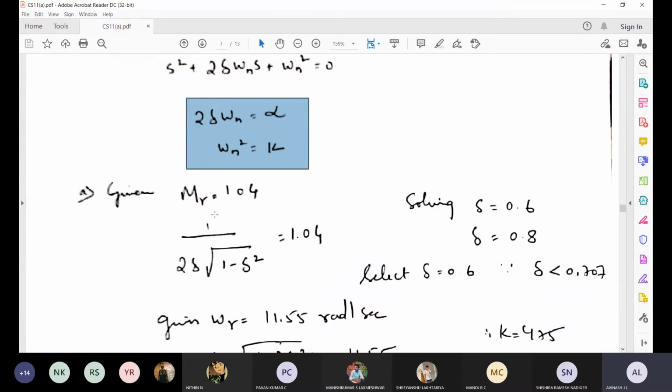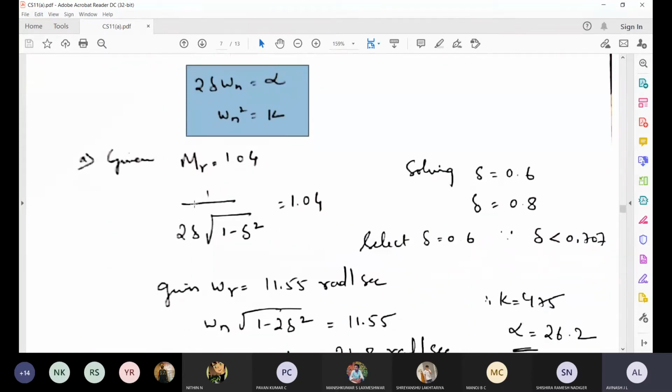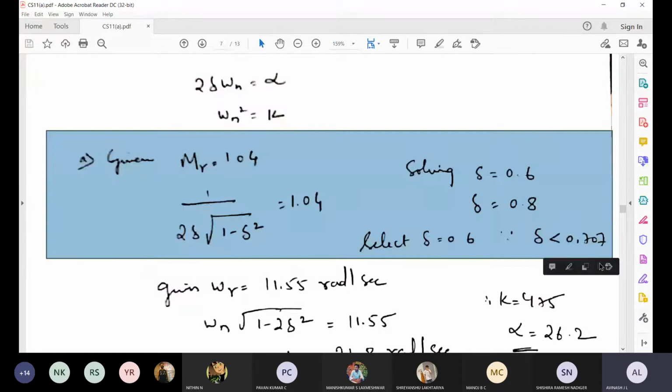Once we have found this, we need to take the value of Mr, which they have given as 1.04. So we know the formula: Mr will be equal to 1 divided by 2 delta.